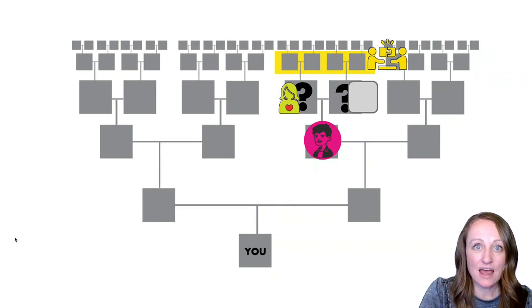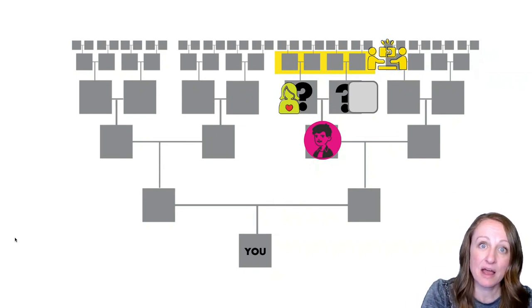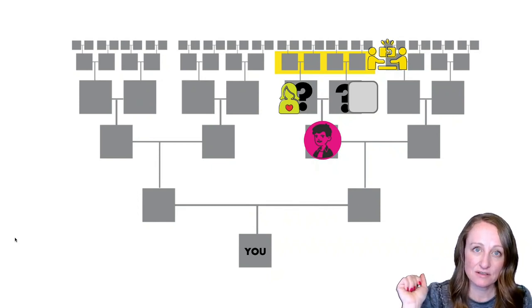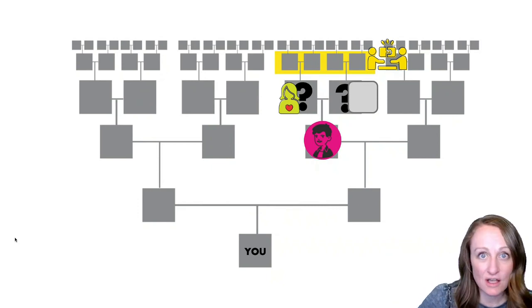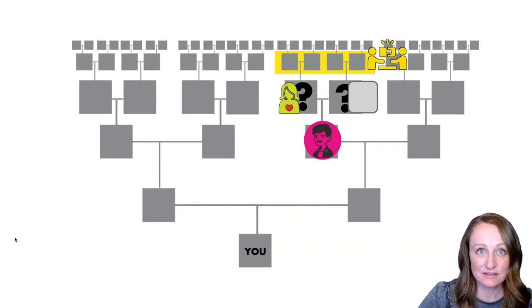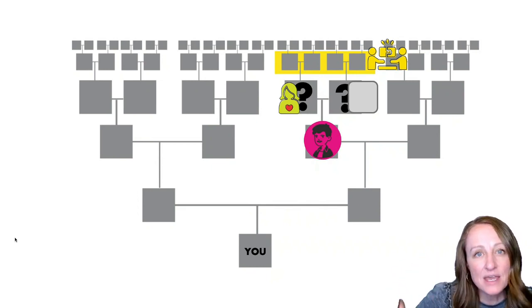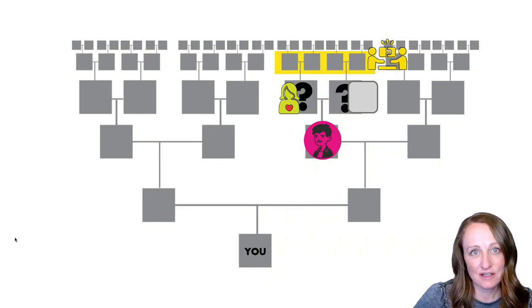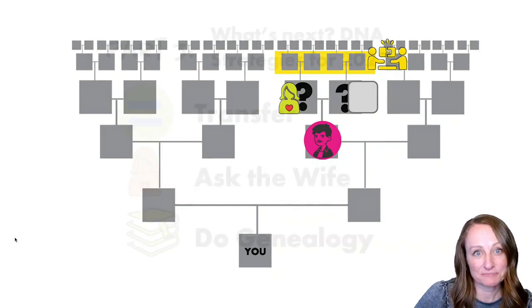It means that this particular sibling of Morty's and his spouse are the parents of your ancestor. Now of course we'd still want to do genealogy to verify all of these things. There's a lot of work to do still, but it gives you this amazing hypothesis that you can then test out using genetics and genealogy.